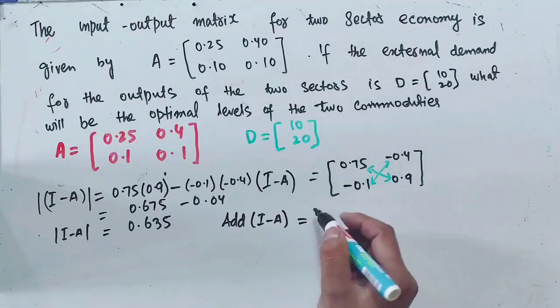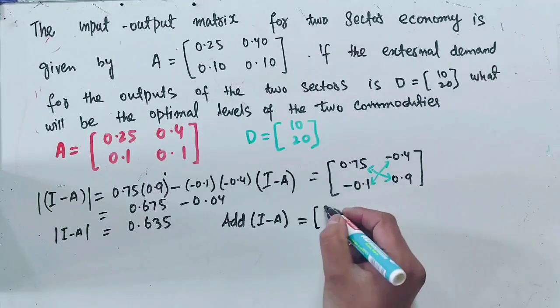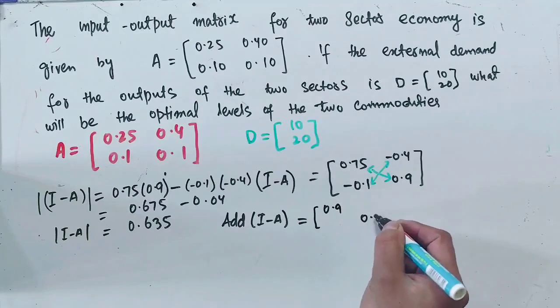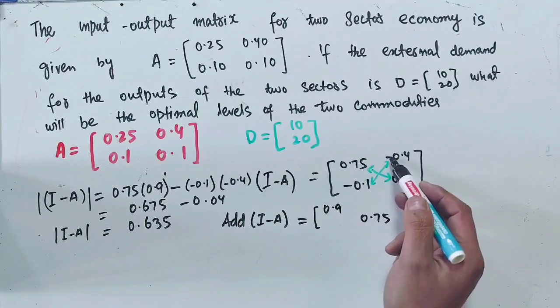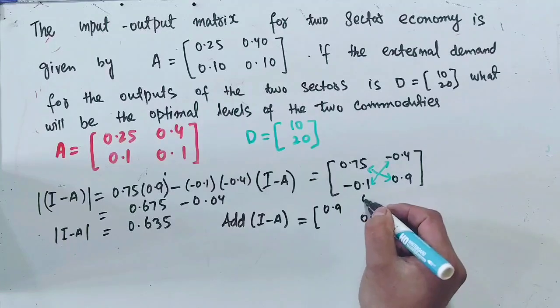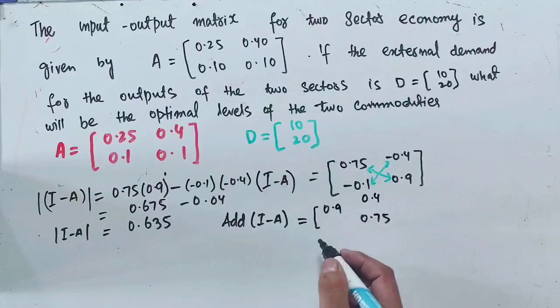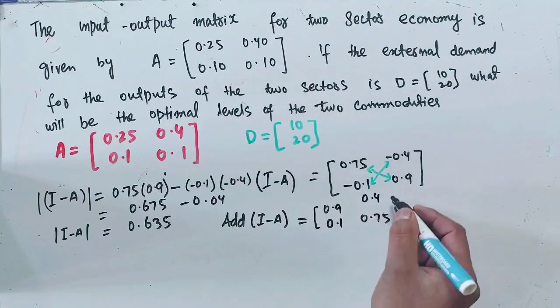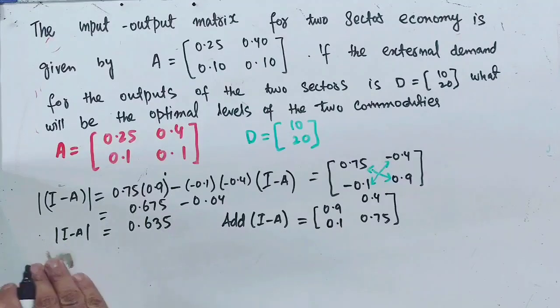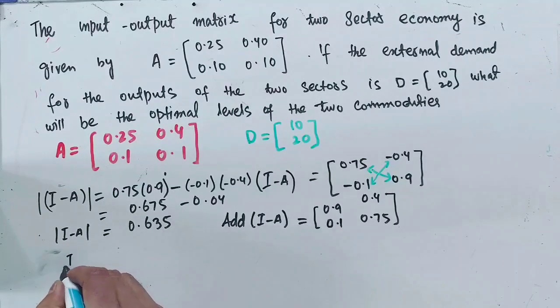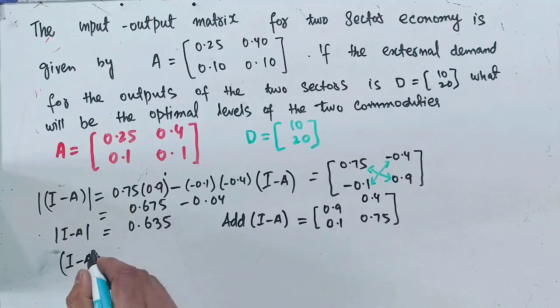So here this 0.9 comes here, this 0.75 comes here. In this direction we only change the sign. If it is minus 0.4, it becomes plus 0.4. If it is minus 0.1, it becomes 0.1.